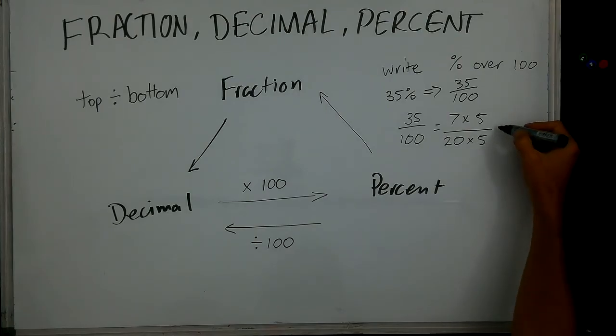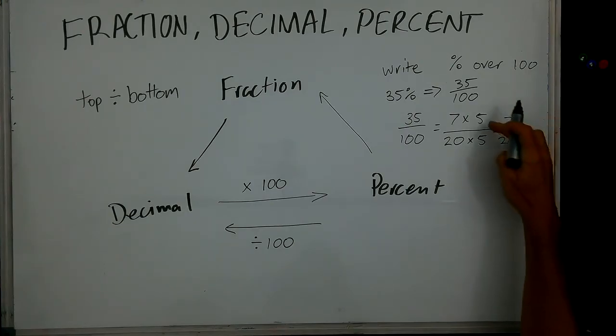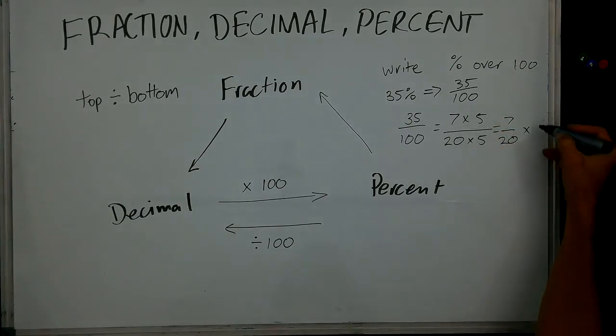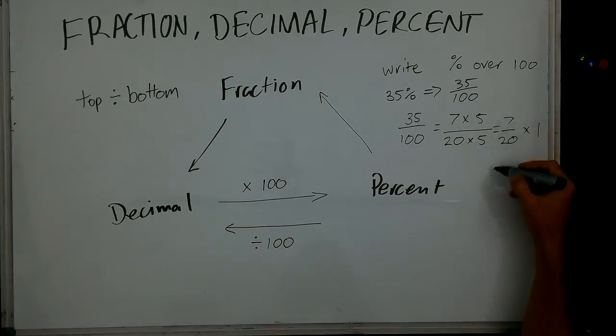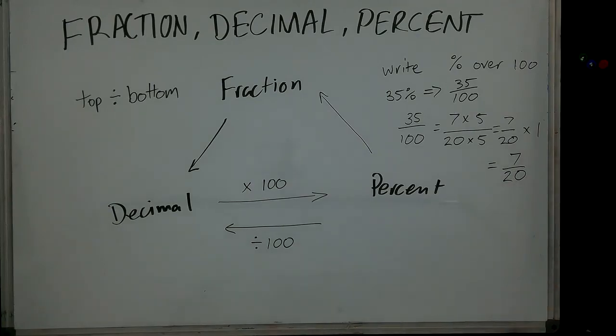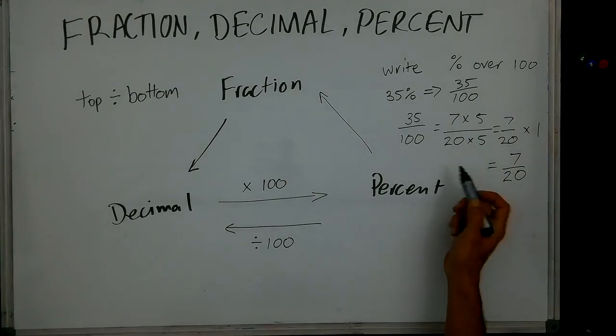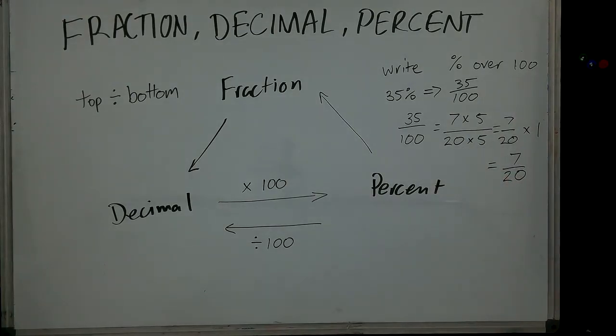So this is essentially 7 over 20 multiplied by 5 over 5, which is 1. So this is 7/20ths. So there's a bit of a process: writing it over 100 and then looking for common factors.